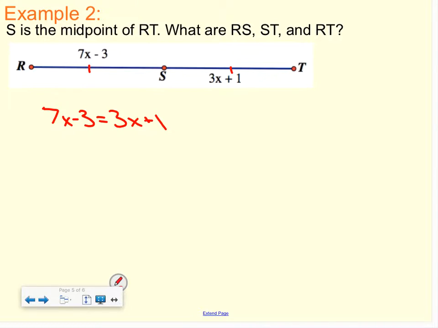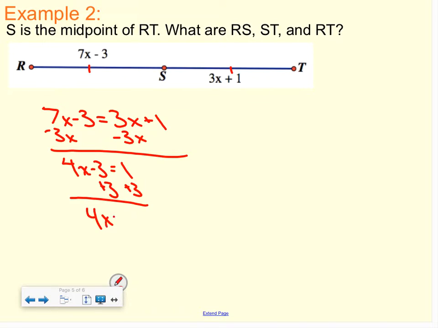Again, I use my algebra skills to solve for x. Put all the x's on one side, subtract 3x. Now I've got 4x minus 3 equals 1. Now I'm down to that old faithful two-step equation. Add 3 to both sides, 4x equals 4, divide both sides by 4, and x equals 1.